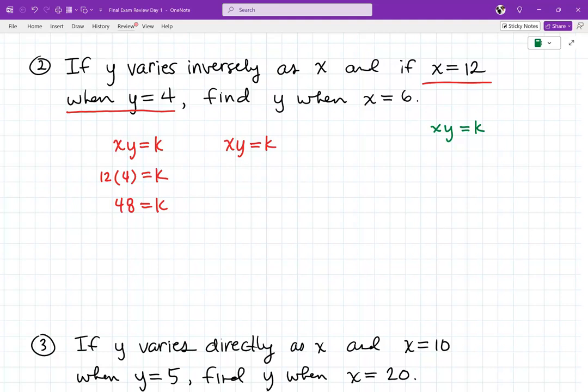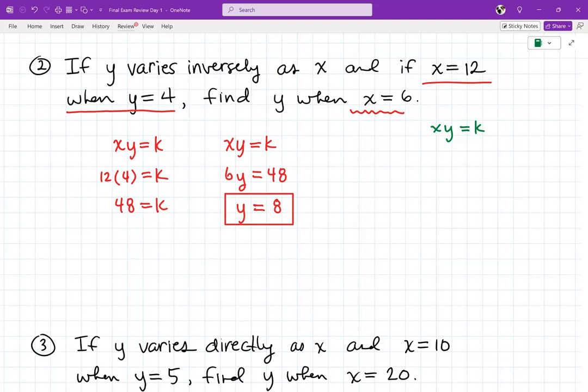So now I'm going to go to the second equation, the same equation, but the second one. I'm going to put 48 for k. And then notice what it says the second time. It says find y when x equals 6. So 6y. So if you divide both sides by 6, you get 8. And that's your answer.